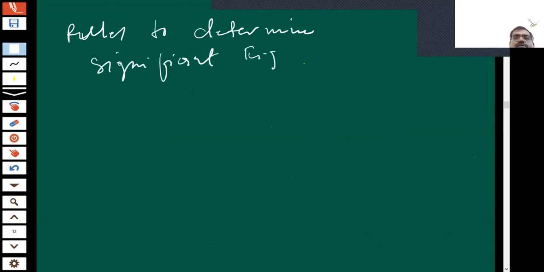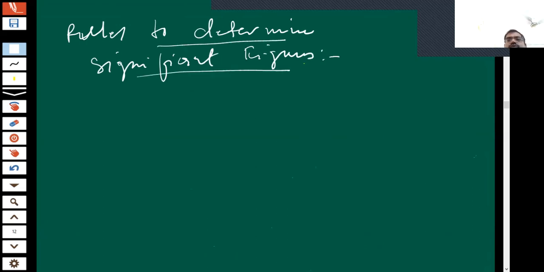Okay, so rules to determine significant figures.